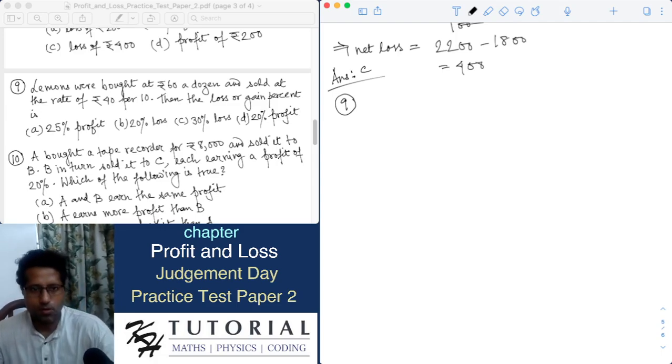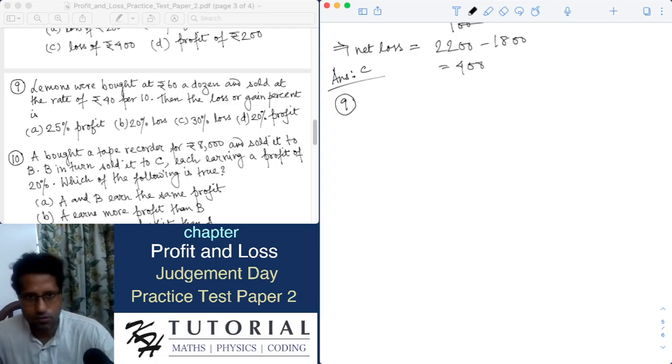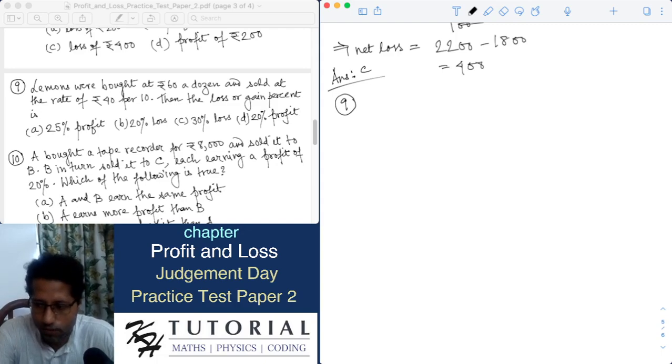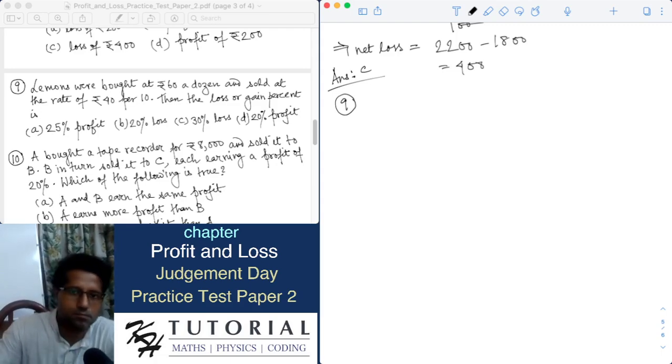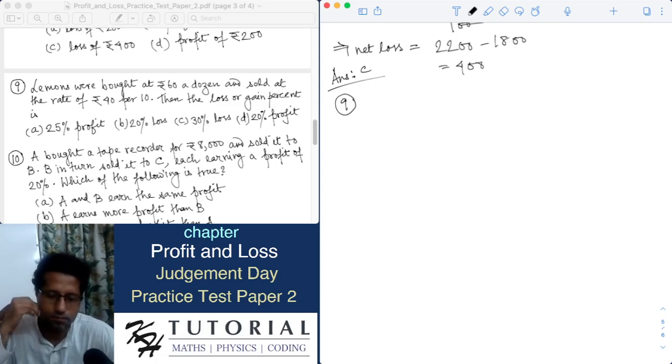As I have already mentioned, for solving this kind of problem, where the selling price is given for some units of the item and the cost price for other units of the item, it is better we find the cost price and the selling price for a single unit of the item, and then compare them.